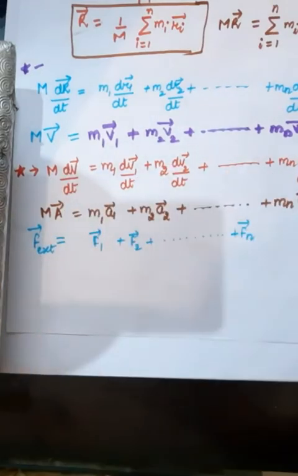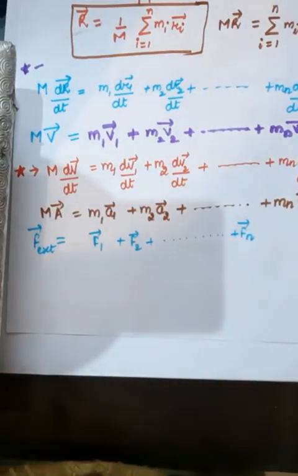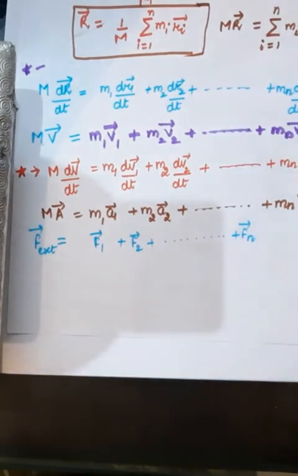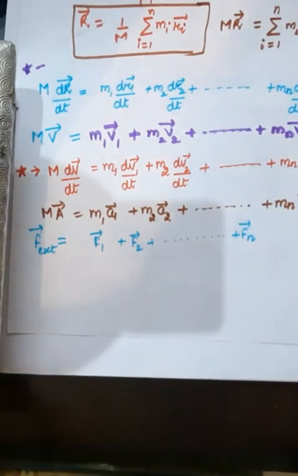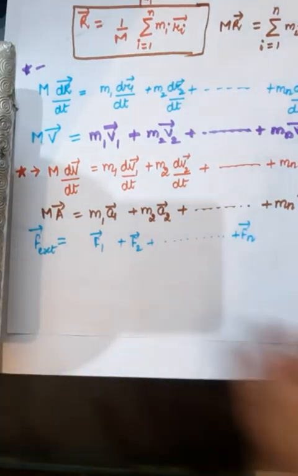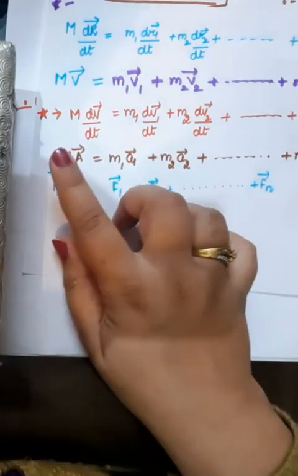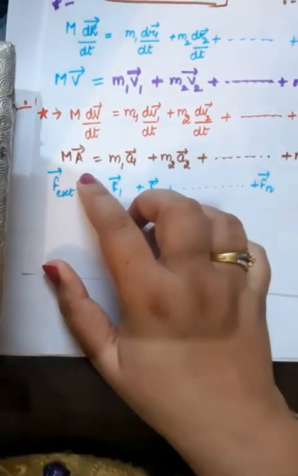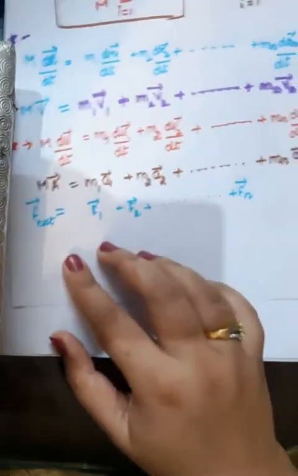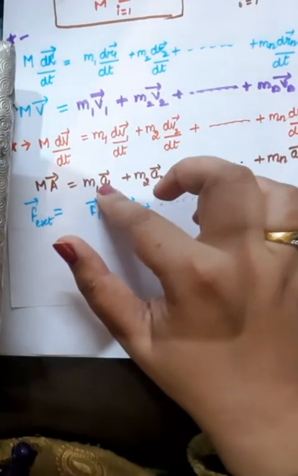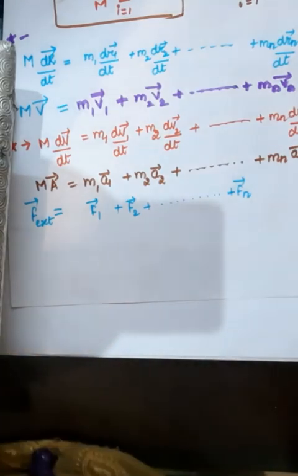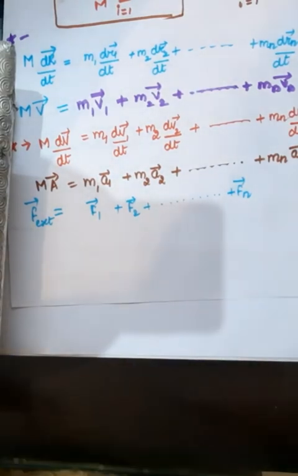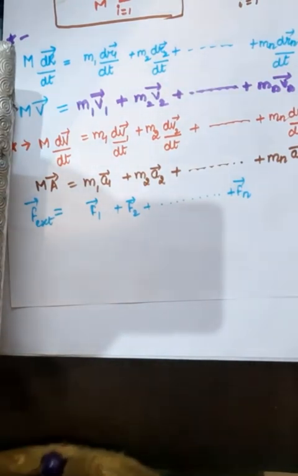This dv by dt is the change in velocity per unit time, and change in velocity per unit time is nothing but acceleration. So that's what I'm going to write over here: M into A vector, mass into acceleration. This capital A is the acceleration of center of mass. And dv1 by dt is a1 vector, dv2 by dt is a2 vector. a1 vector is the acceleration of the first particle, a2 vector is the acceleration of the second particle, and the situation goes on and on till the nth particle.